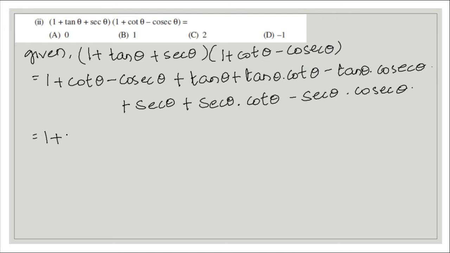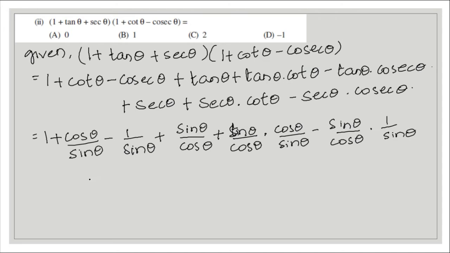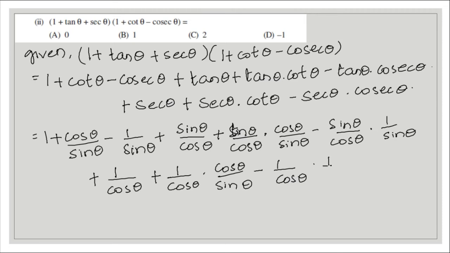So 1 plus cot theta I'll write as 1 plus cos theta by sine theta minus this particular cosecant theta, which is nothing but 1 by sine theta, plus tan theta is sine theta by cos theta, plus tan theta is sine theta by cos theta multiplied by cos theta by sine theta, minus sine theta by cos theta into 1 by sine theta, plus secant theta is nothing but 1 by cos theta, plus 1 by cos theta multiplied by cos theta by sine theta, minus 1 by cos theta multiplied by 1 by sine theta.